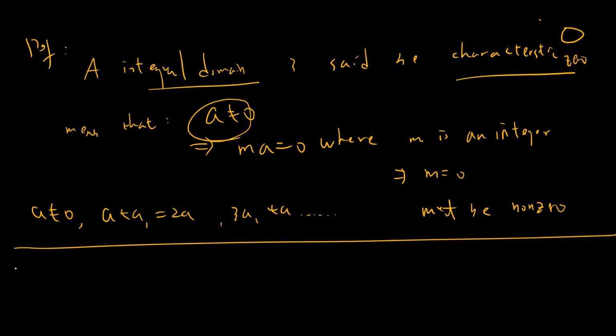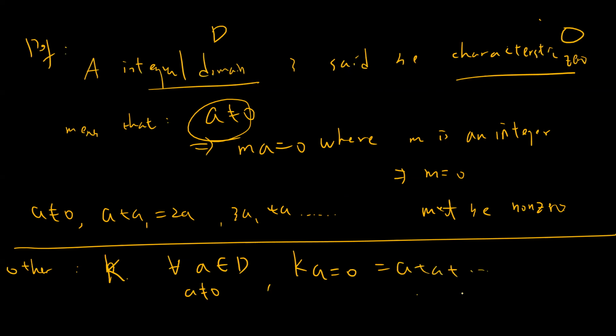On the other hand, if I say the characteristic is k, that means for any non-zero element a in D, ka must be 0. That means if you add a plus a up to k times, it must be 0.